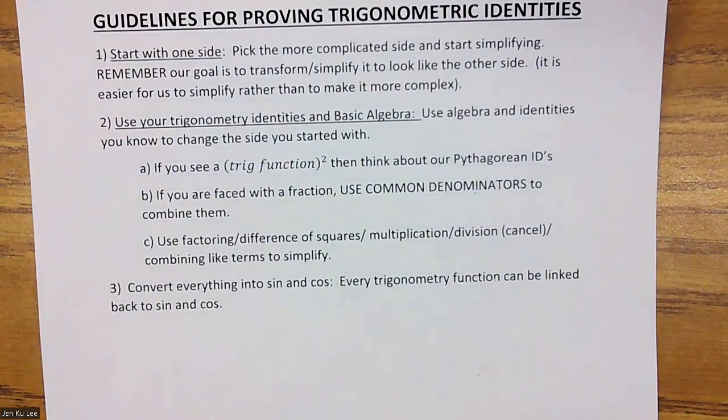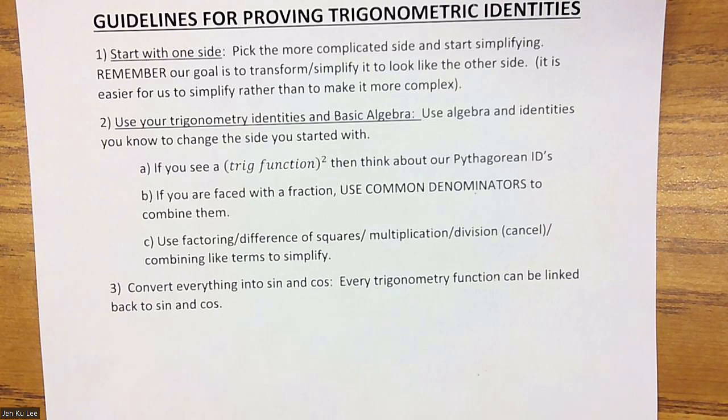So the next thing is to verify or to prove. And these are the guidelines for proving trig identity. Okay, it has all of the tips and tricks that we talked about yesterday. So the first step is to start with one side. We are going to start with the more complicated side and try to simplify it down to the less complicated side, right?